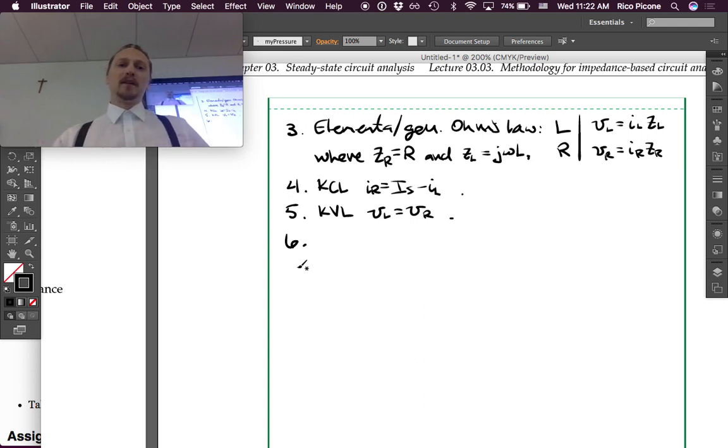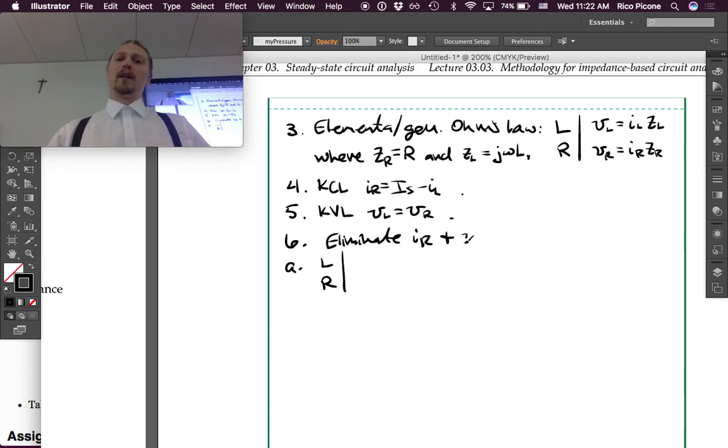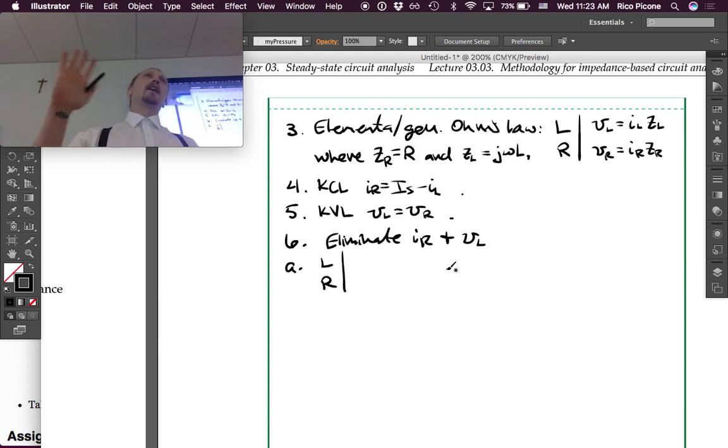So what we typically do is our step A, we rewrite our L and our R equations, and we say, let's eliminate 2 variables. Let's eliminate IR and VL. Okay, we don't care about either of those. Well, we do care about VL, but we're solving for IL first. That's what we're going to shoot for, and then later on we can solve for VL. I think that's the easier way to do it.